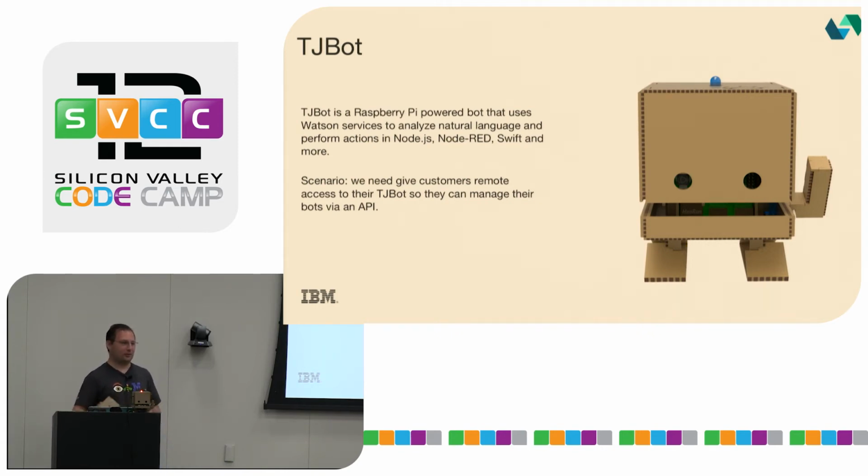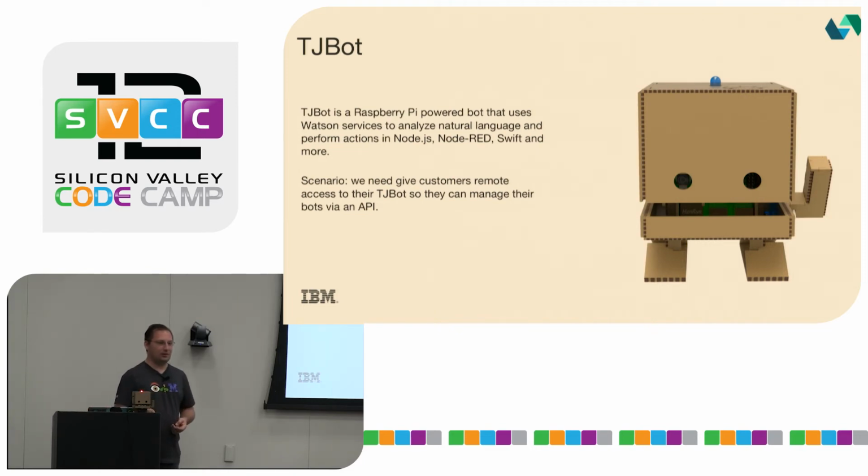It's running either NodeRed or Node.js. There are libraries in both those languages. There's also a Swift playground that you can play with the virtual TJ bot. And tomorrow during my session, you can also play with the virtual TJ bot simulator in Node.js. So you can get a microphone, a speaker, a camera in this one, an LED, and a servo.